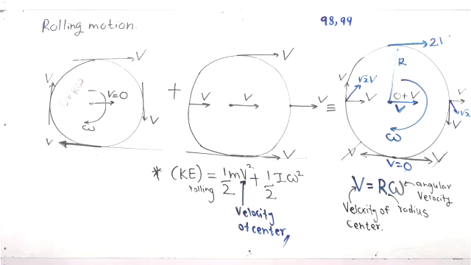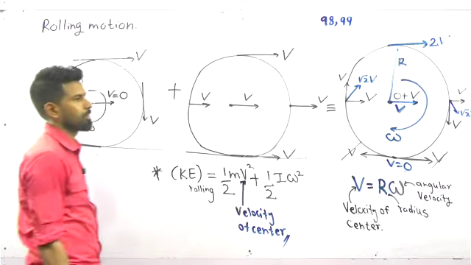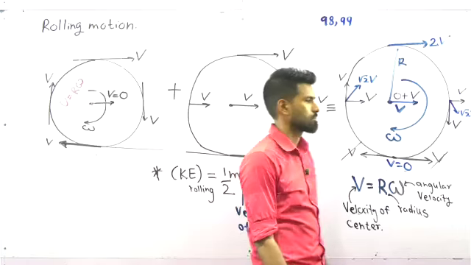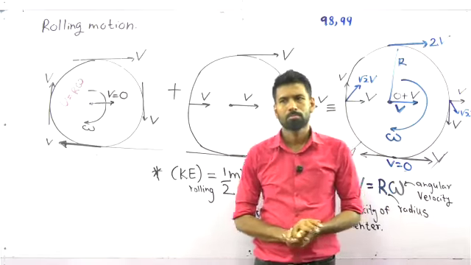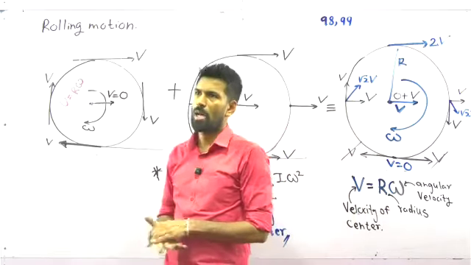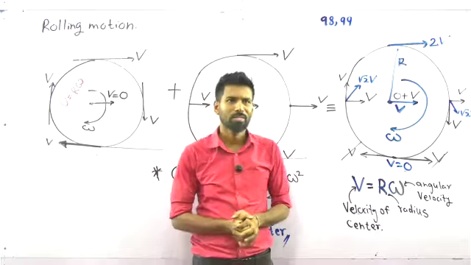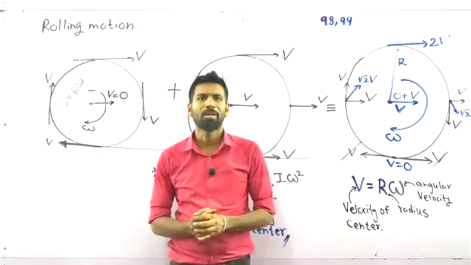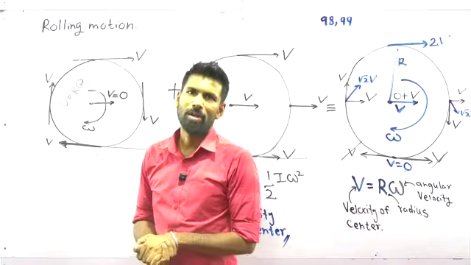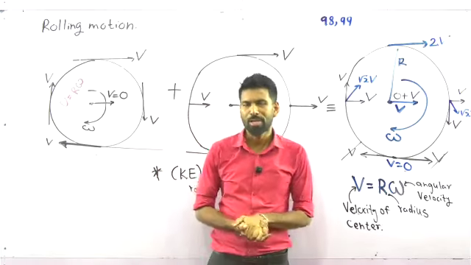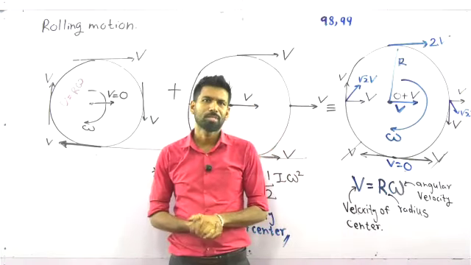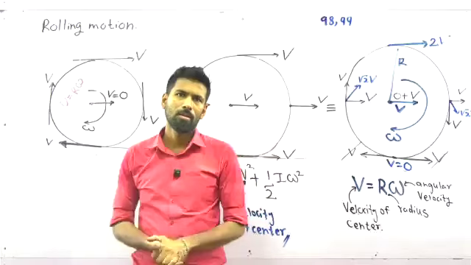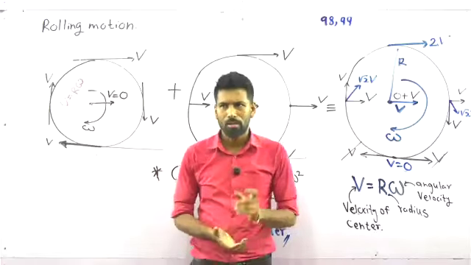Question number 98 and question number 99. I think you all know our results. You might have seen our results on social media. So what is the secret behind these results? I'm teaching the theory to the deepest level.